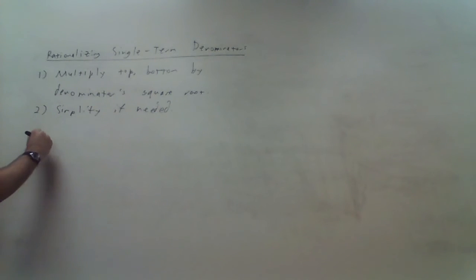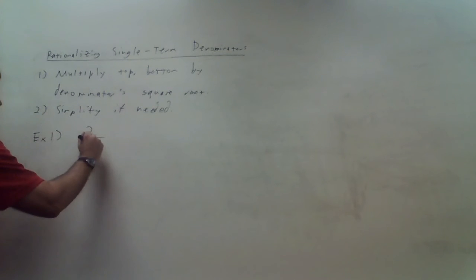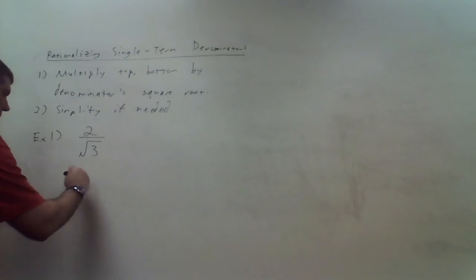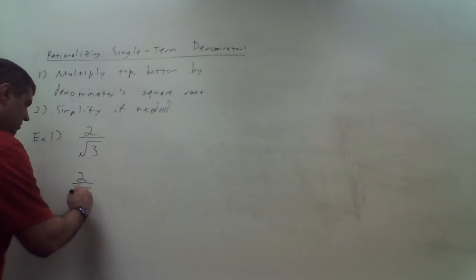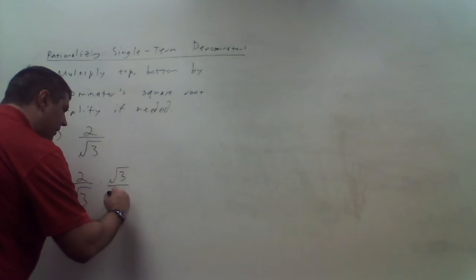So example 1. Let's say I have 2 over the square root of 3. So I'll simply multiply top and bottom by the square root of 3.